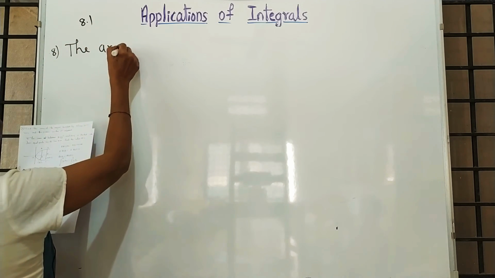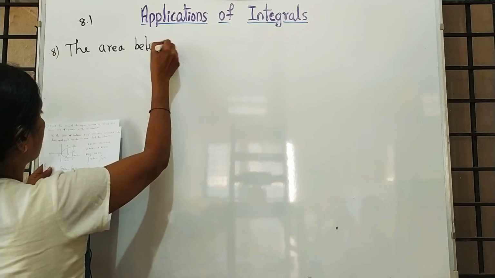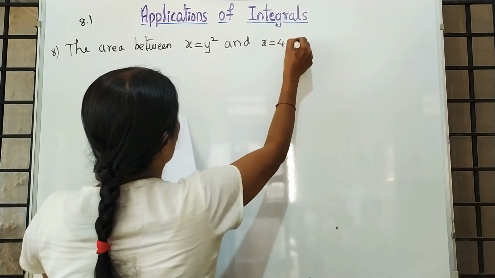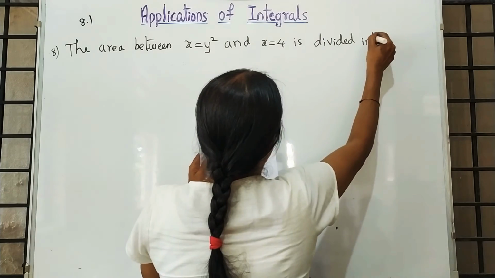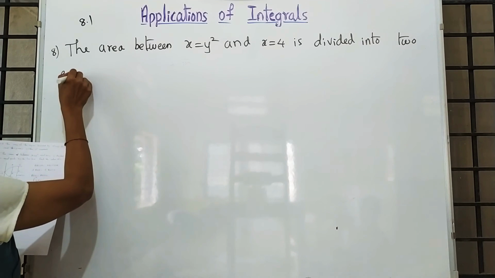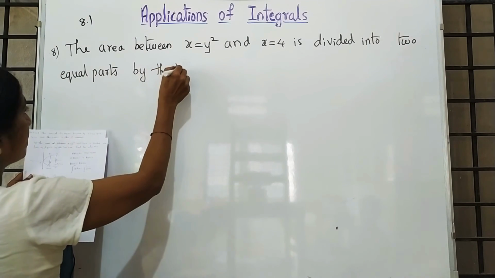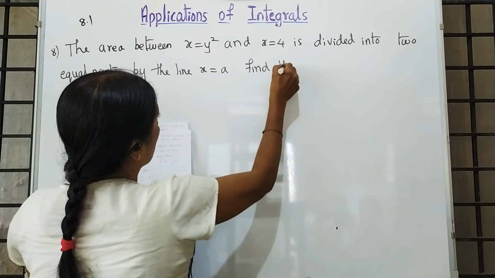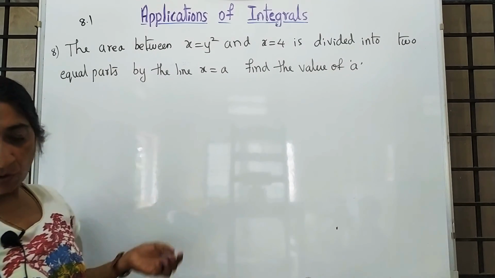The area between x is equal to y square and x is equal to 4 is divided into two equal parts by the line x is equal to a. Find the value of a.